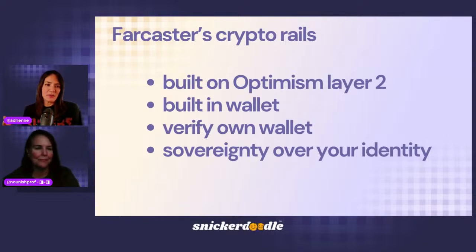That gives all sorts of benefits from a social network perspective. Users own our identities and accounts. No one can take them away. It's full self-sovereignty. Everybody has their own wallet attached. We get censorship resistance and permissionless building.